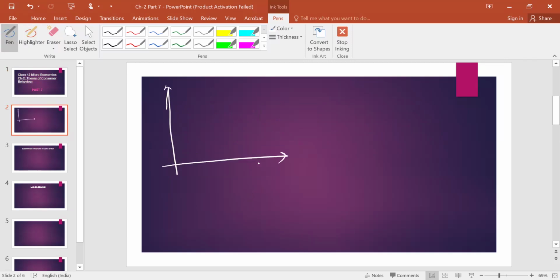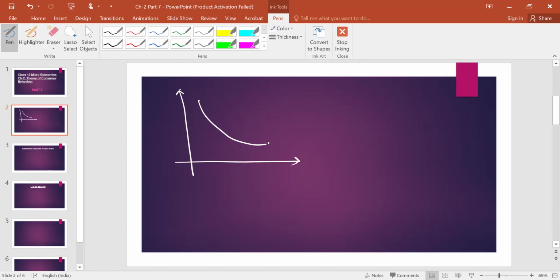We can recall it; I'll just draw it again once. This standard demand curve looks like this, where the y-axis denotes the price of the commodity and the x-axis denotes the quantity of the commodity. And this is our demand curve.